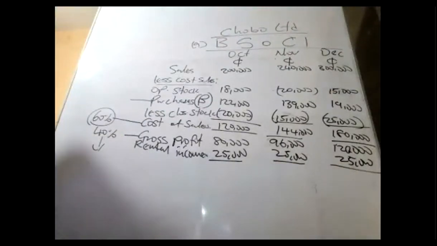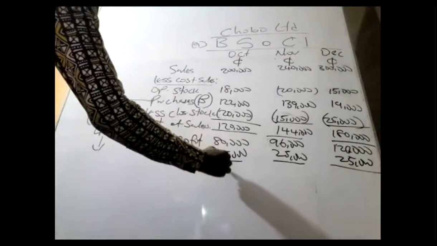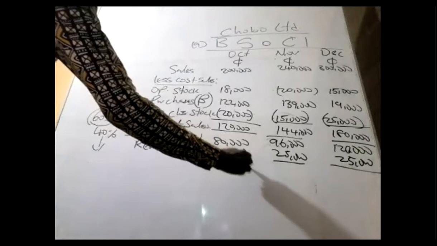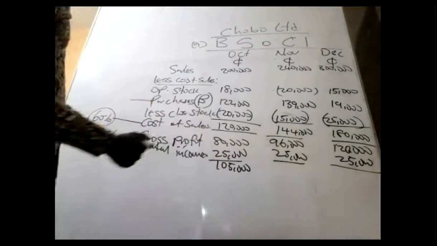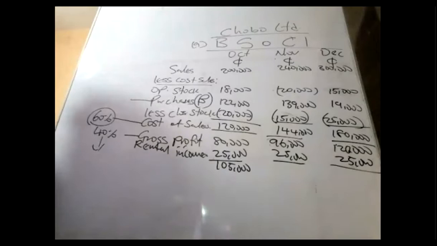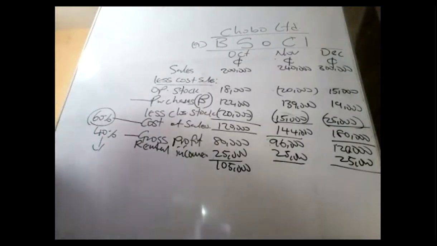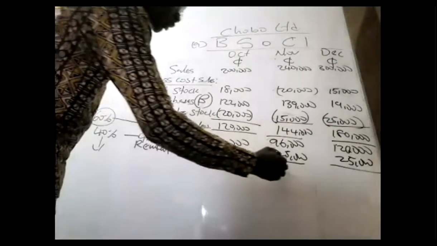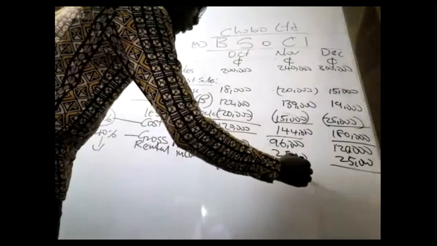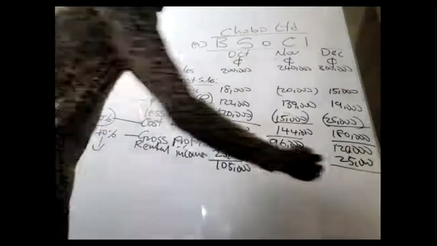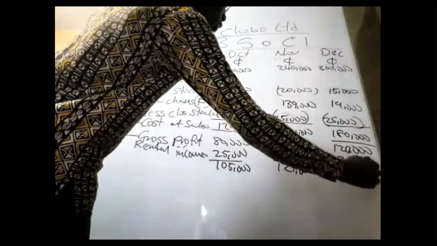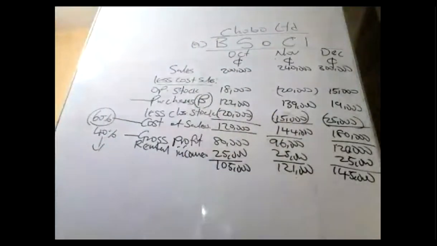So the total income will be 105,000 for the first month, and then this and this. That should give us 121,000, right? So 121,000. And finally, 145,000. We are almost done.